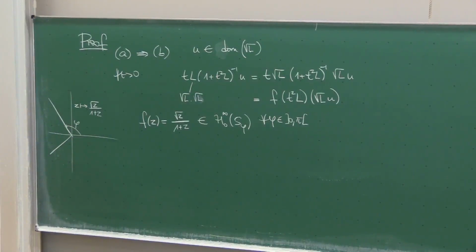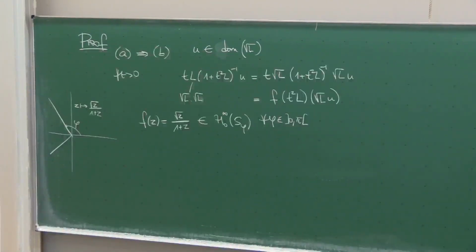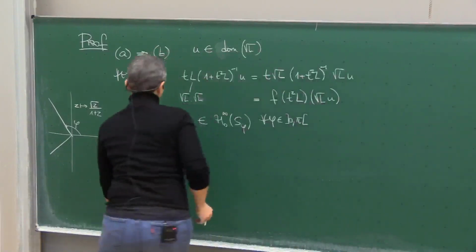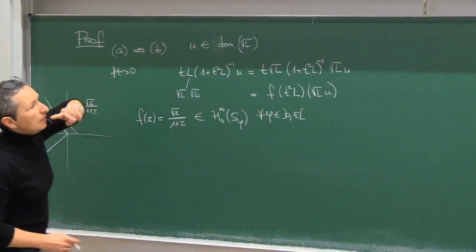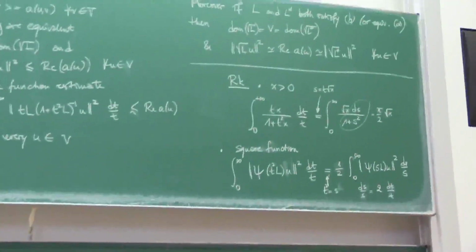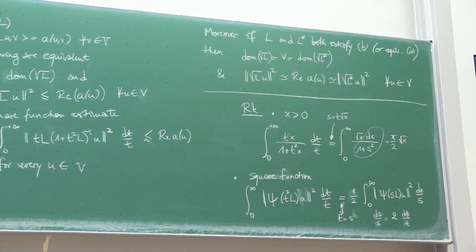And then what we know is that for an operator of divergence form, we have the square function estimate. This was in a previous lecture.